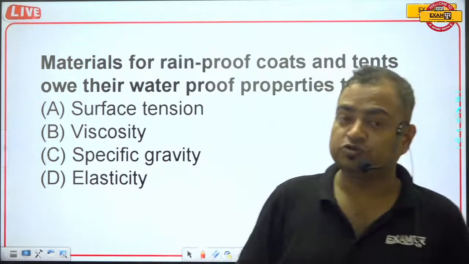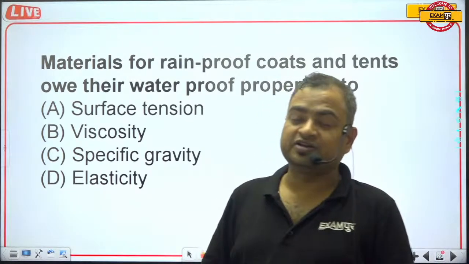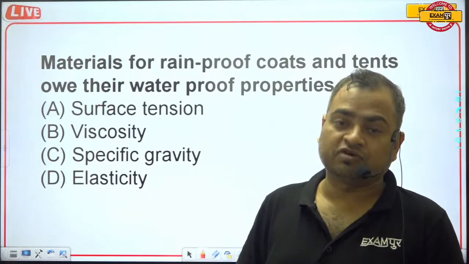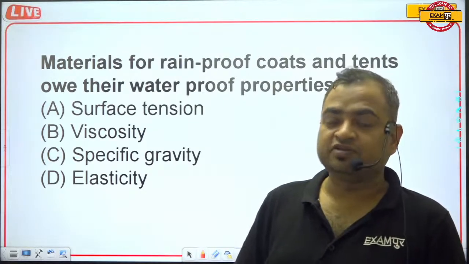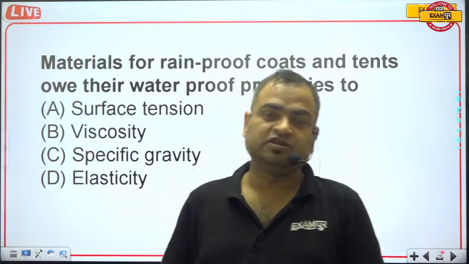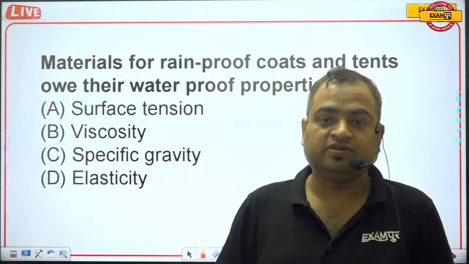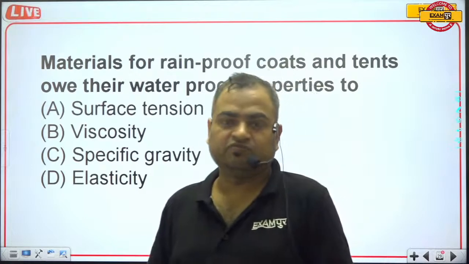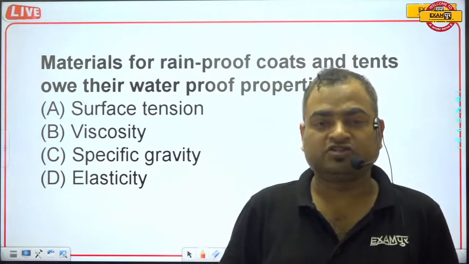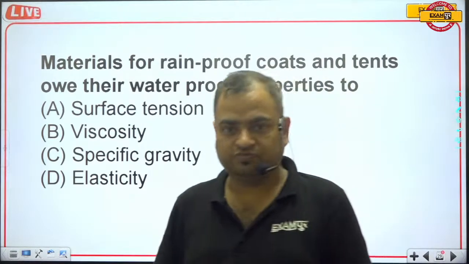If there is no adhesive force between two materials, like a cloth and water molecules, if there is no attraction force between the water molecules and my cloth, then obviously my cloth will not get wet with the water molecules. It means my coat or my shirt or my t-shirt is waterproof.